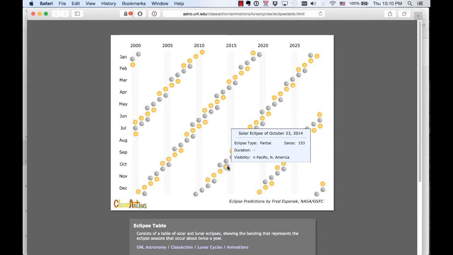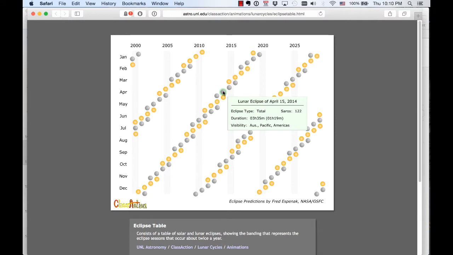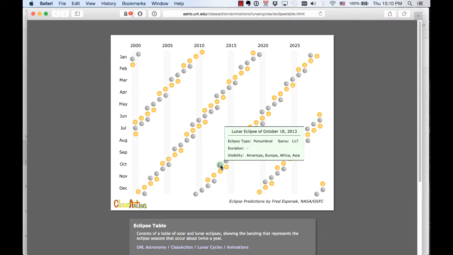If I go back another 6 months, there's another total lunar eclipse October 8th, 2014. Back 6 months before that, we have a total lunar eclipse on April 15th, 2014. If I go back 6 months before that, I only get a partial or penumbral eclipse when the moon doesn't even touch the umbra of the Earth. So you may or may not notice that the moon just dims a tiny amount.